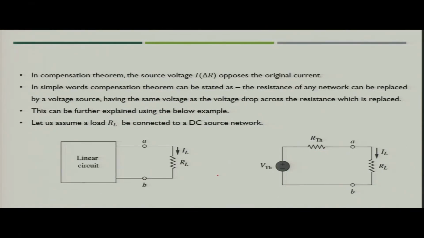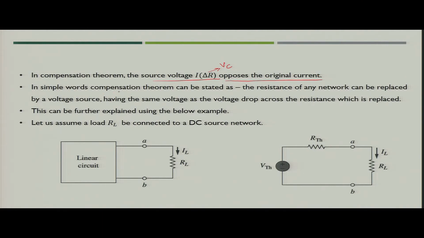Now, let us understand and justify what we have discussed till now. The compensation theorem will give you the value of the voltage source, I delta R, that is nothing but the value V c which we have seen, and the orientation would be such that it will oppose the original current.